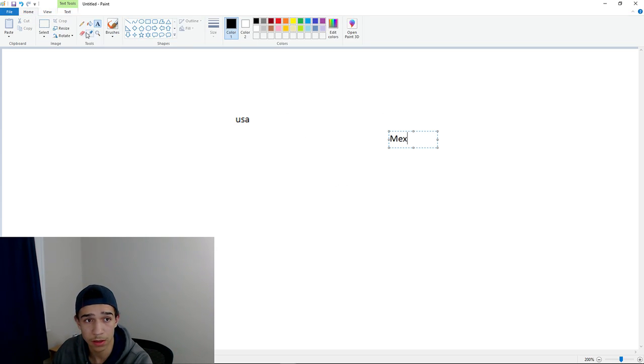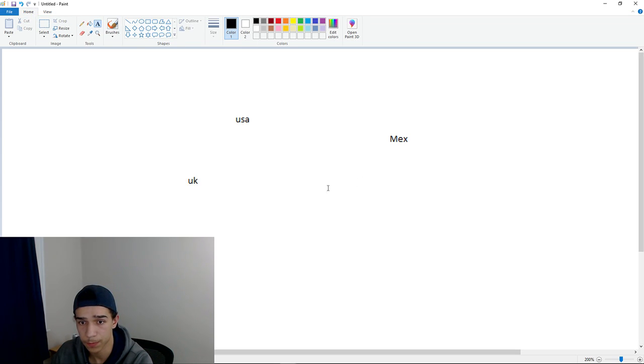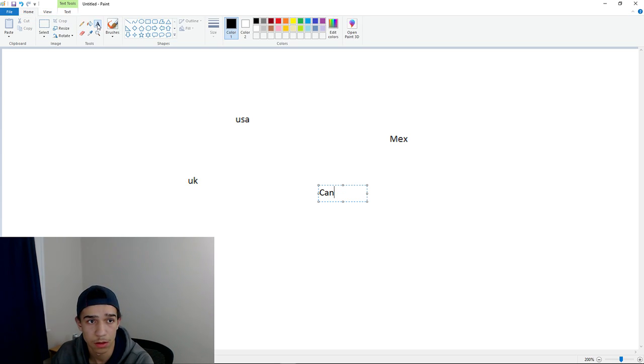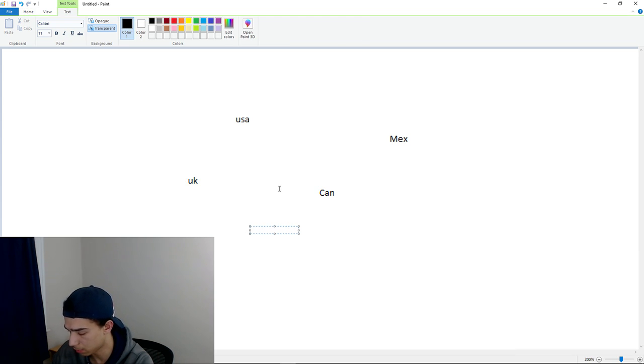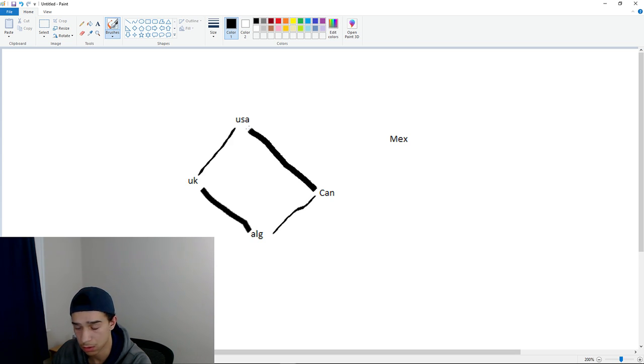We have the UK, we have Canada, and then at the bottom we have Algeria, and then between these they are all connected with edges. So I'll just run edges to each of these real quick. And then this one for Mexico is only connected to the US.